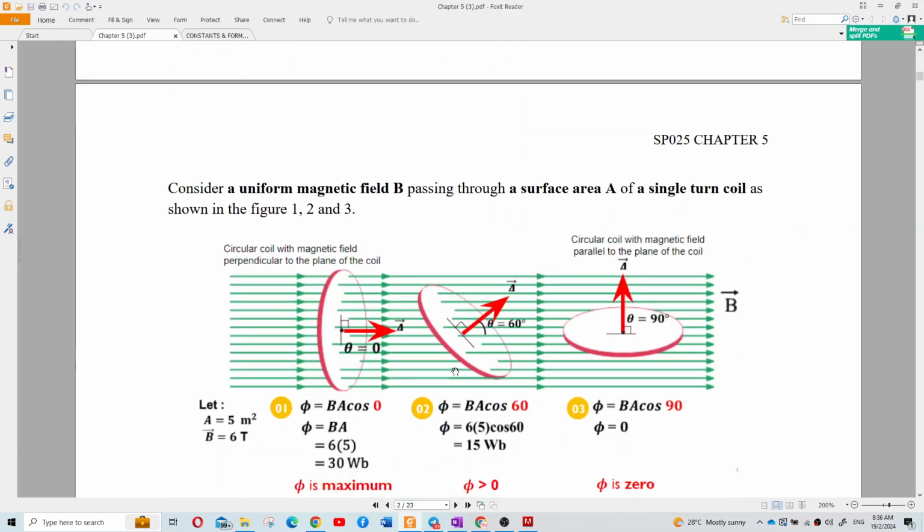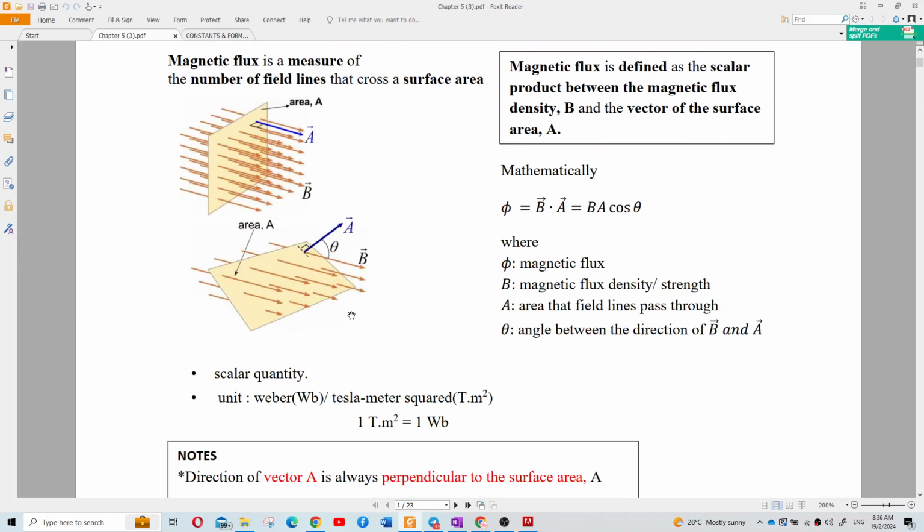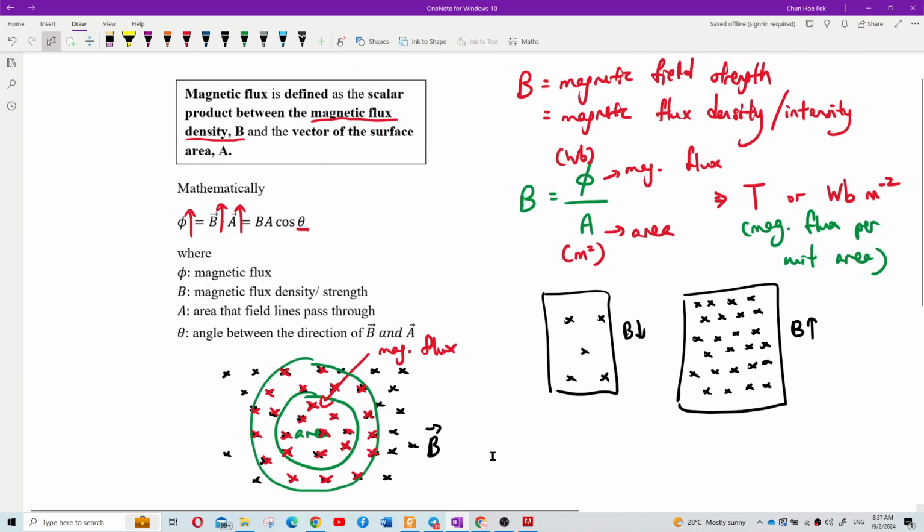First of all, I need you to understand what angle theta is. Theta is the angle between the direction of magnetic field and the area. Magnetic flux is a dot product.